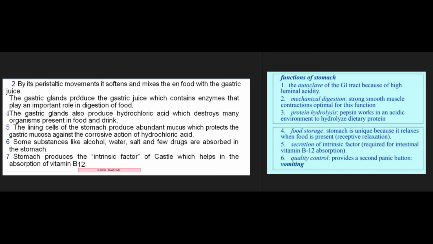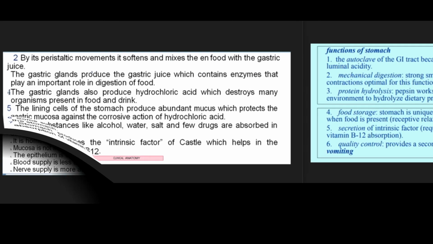The lining cells of the stomach produce abundant mucus which protects the gastric mucosa against the corrosive action of hydrochloric acid. 6. Some substances like alcohol, water, salt, and a few drugs are absorbed in the stomach. 7. The stomach produces the intrinsic factor of Castle which helps in the absorption of vitamin B12.